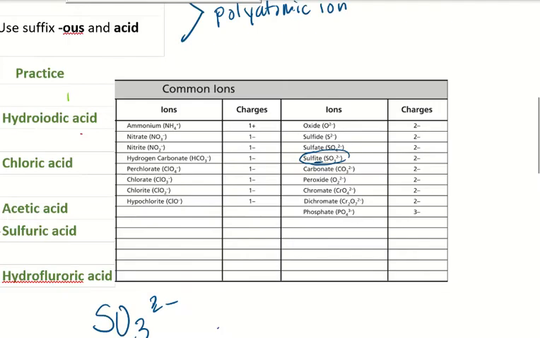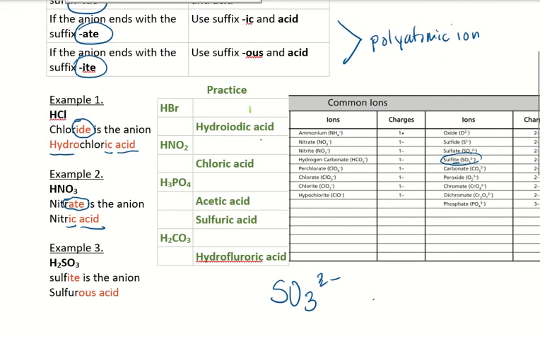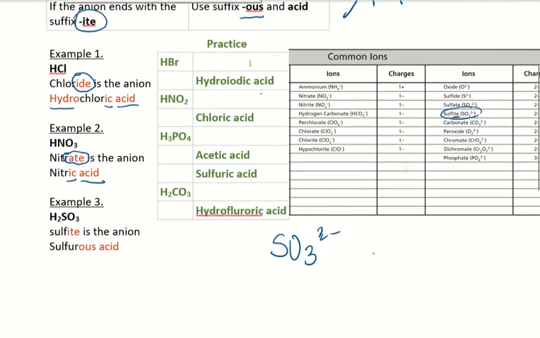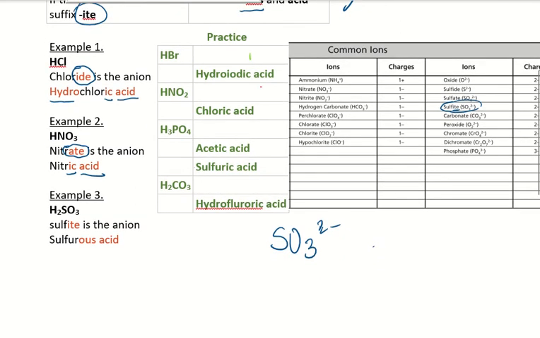So what we're going to do is take the ITE, replace it with OUS, and add acid at the end. So sulfite becomes sulfurous acid. Sulfur and phosphorus, we're adding that UR back in to the name. So it's sulfurous acid, phosphorus acid.